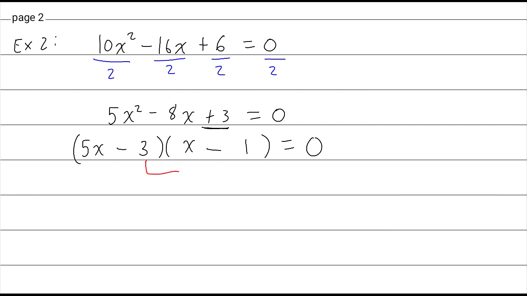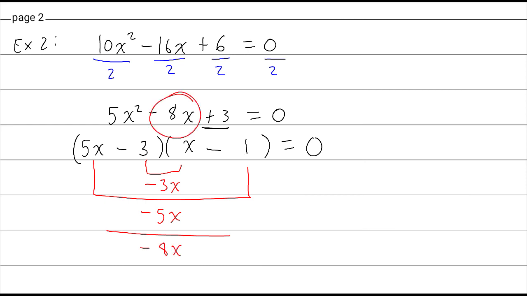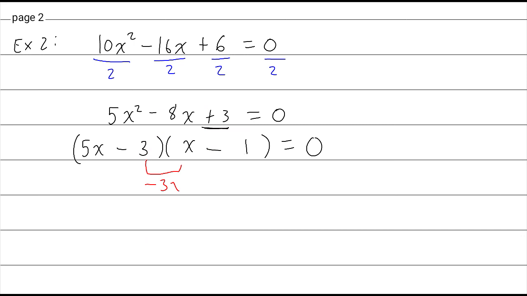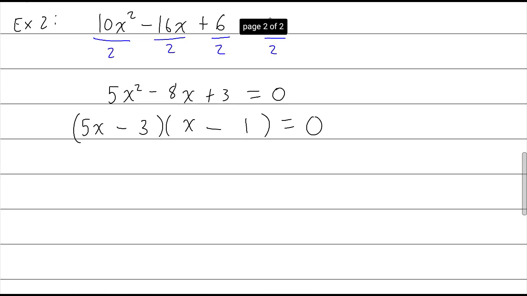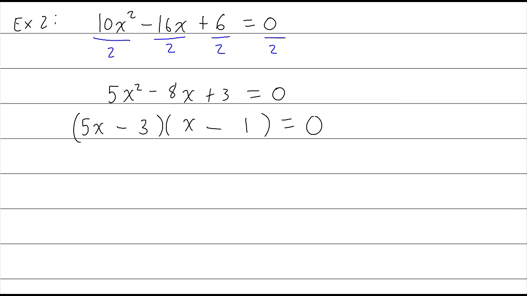Okay, if I multiply those, I get negative 3x. If I multiply those, I get negative 5x. If I add them together, I get negative 8x. So far, so good. And negative 3 times negative 1 is a positive 3. So cool, we have factored it. All right, so now what do I do from here? Well, I set them individually equal to 0.